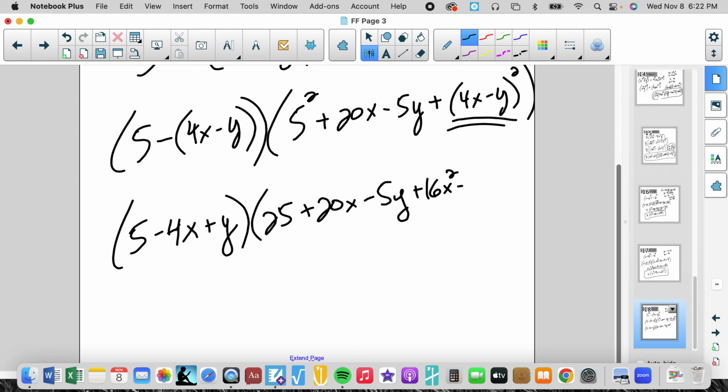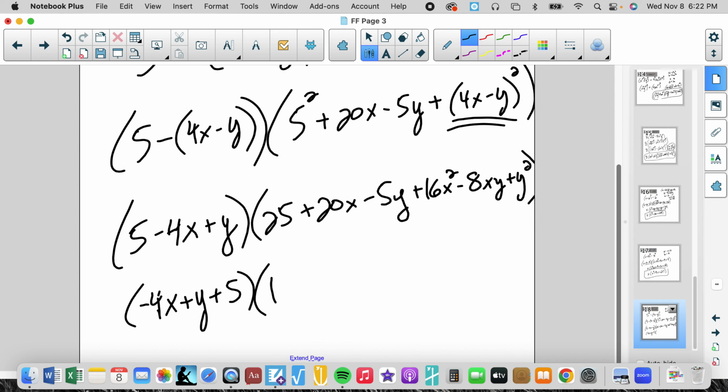So that's negative 8xy. And negative y squared is positive y squared. Let's write it in standard form, negative 4x plus y plus 5. And let's write this, that's going to be 16x squared.